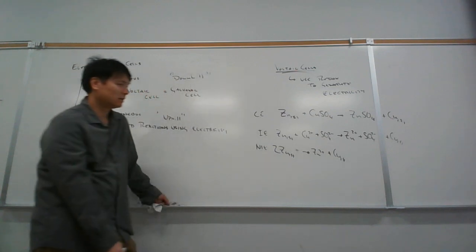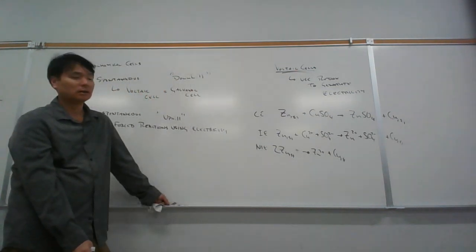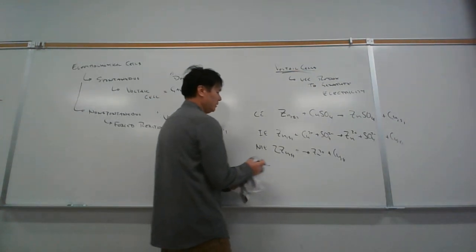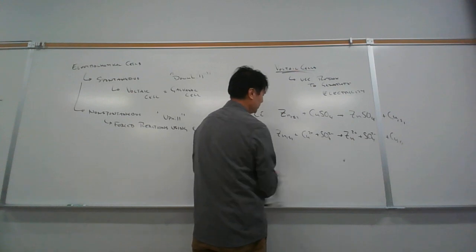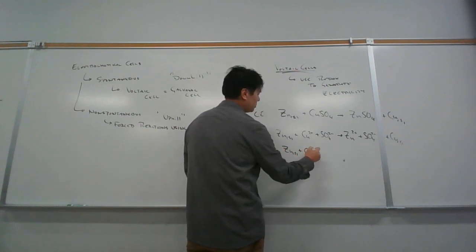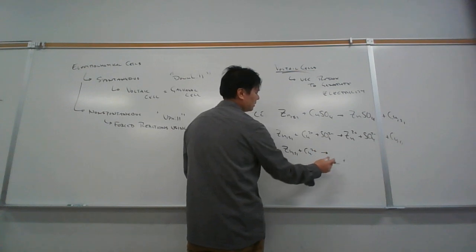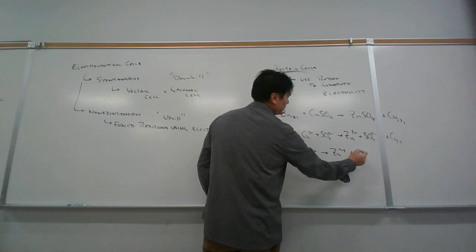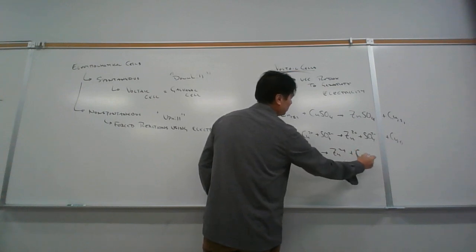Now is it balanced? You're missing the plus copper 2, excuse me. Let me redo this. So we're going to have zinc solid plus copper 2 ion yield zinc 2 plus copper solid. There we go.